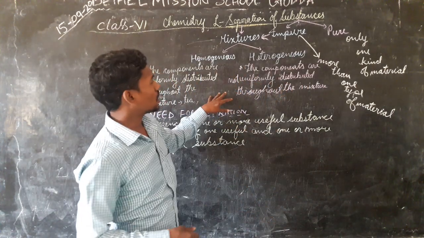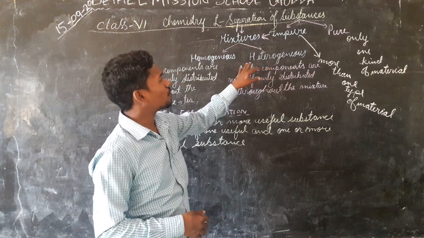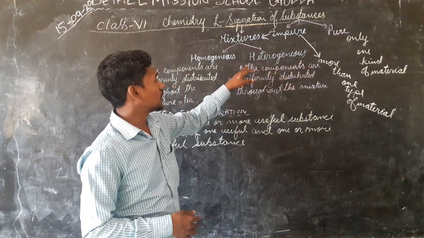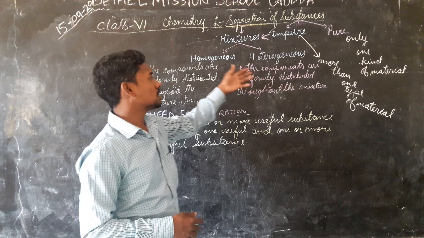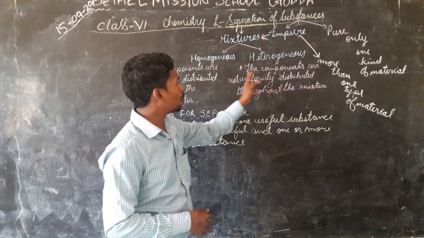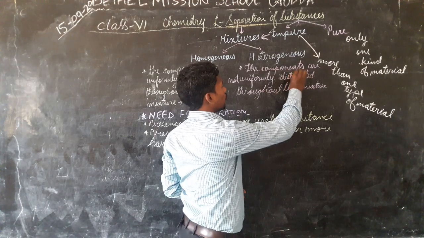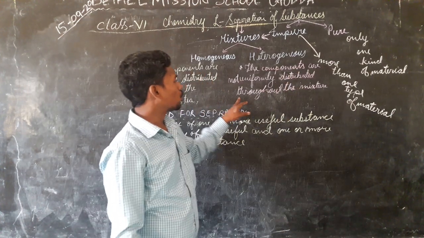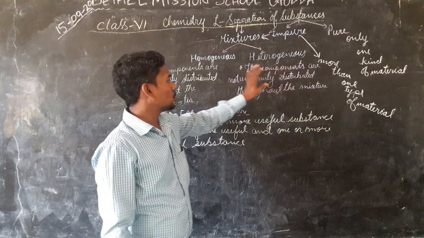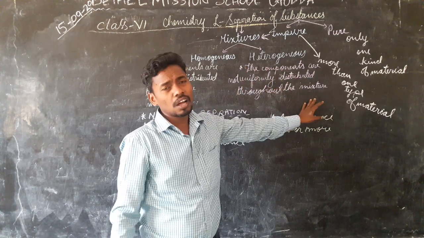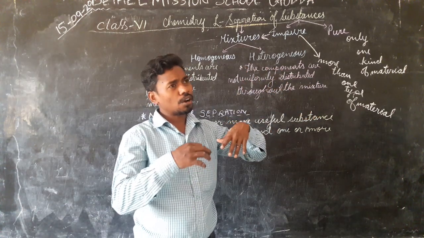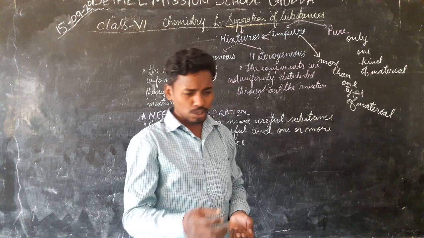Now we have the other type of mixtures, which are called heterogeneous mixtures. What are they? These are the mixtures in which the components are not uniformly distributed throughout the mixture. We can take the example of mud.